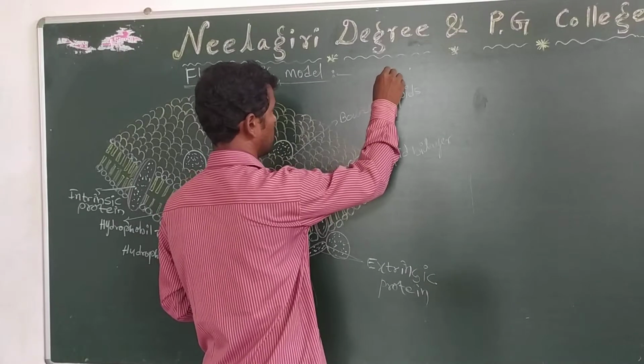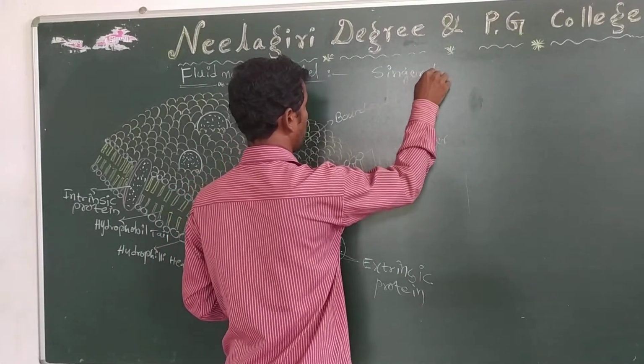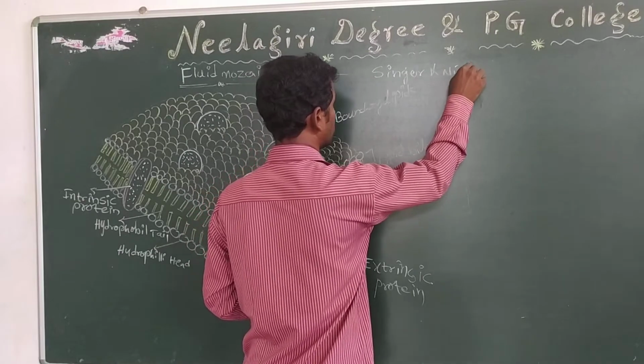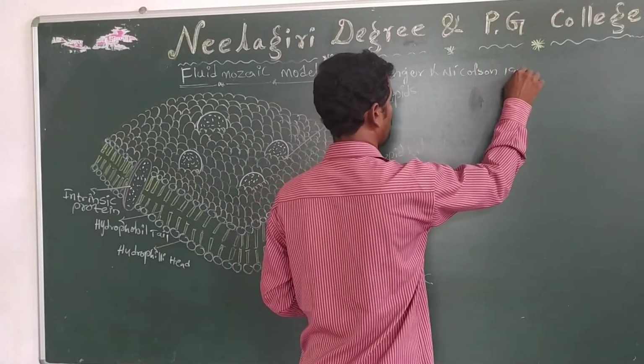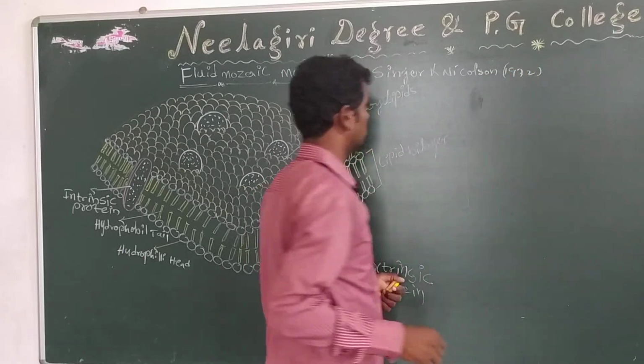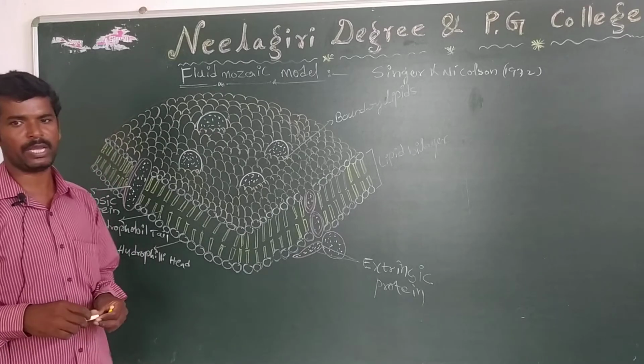The model was proposed by the scientists Singer and Nicholson in 1972. So these two scientists together proposed the fluid mosaic model.